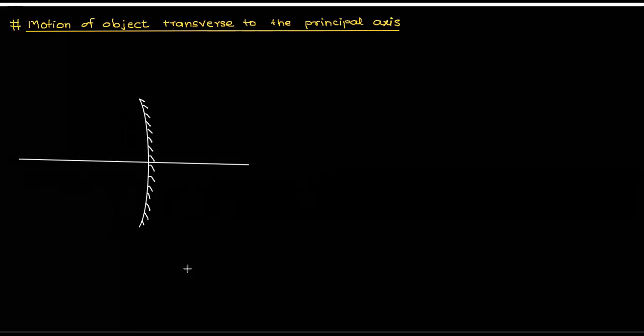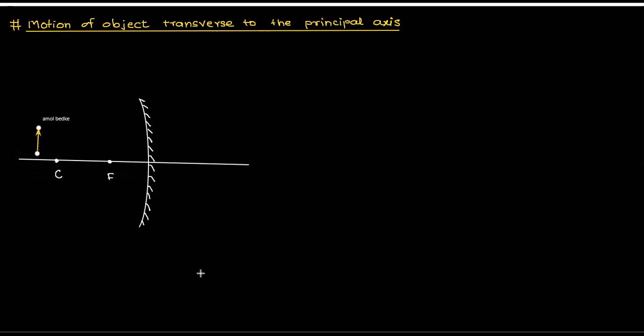Okay. Now I'm keeping object beyond center of curvature. Here I'm keeping object beyond center of curvature. This is your focus. And let us suppose here is center of curvature. Now I'm keeping object here beyond C, and that is also moving.